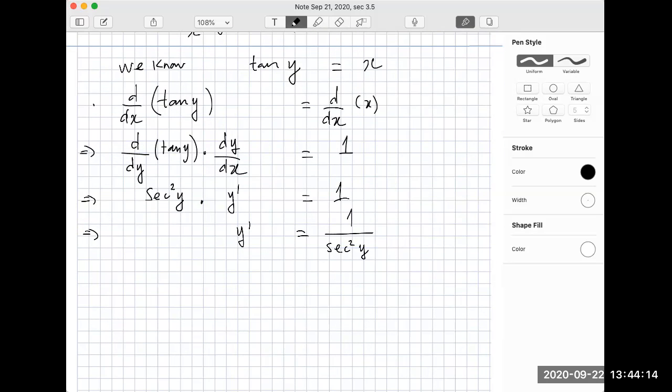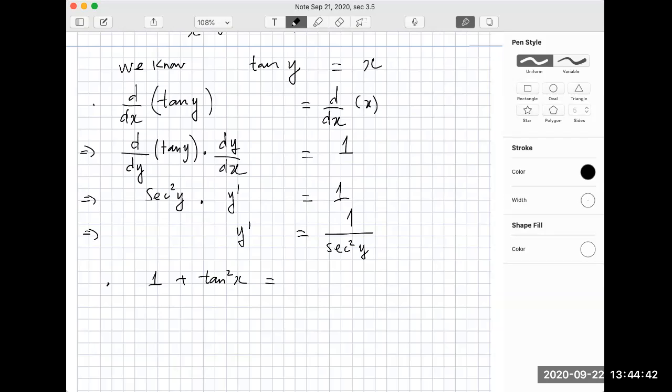Now we want to write it in terms of x, right? But now it is in y. We wonder if we can write it in terms of x. And the properties of, let me see, 1 plus tan square x.